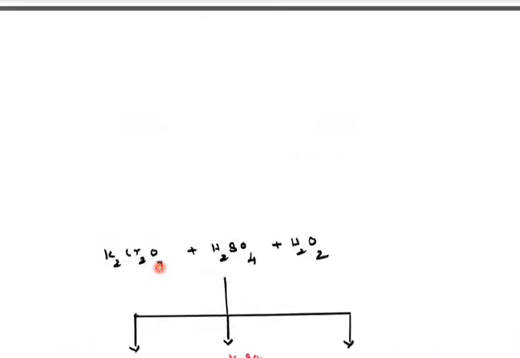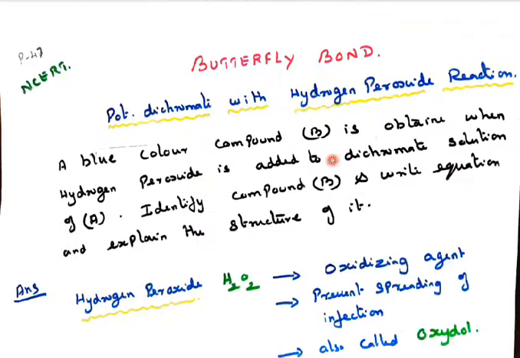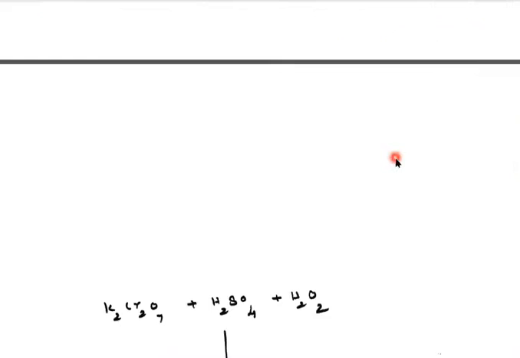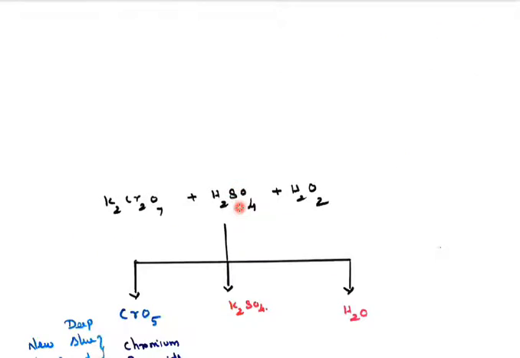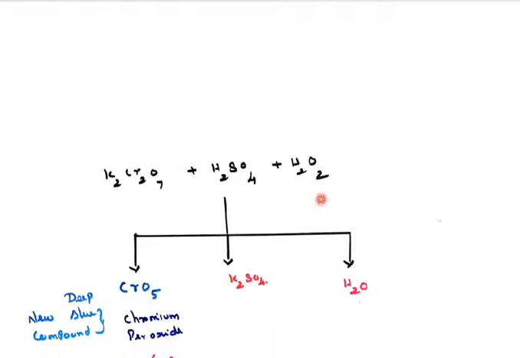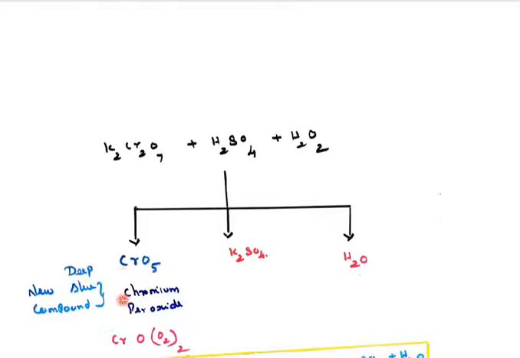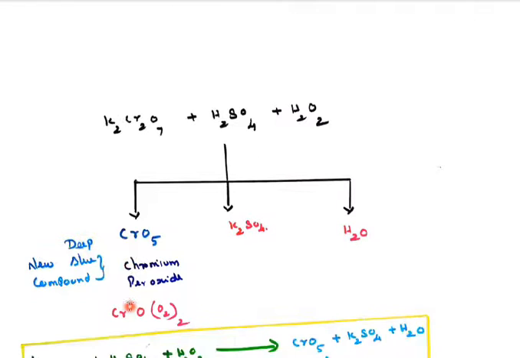This is called B. So a blue color compound B is obtained when hydrogen peroxide is reacted with the dichromate solution in the presence of sulfuric acid. It forms a blue color solution of B, called chromium peroxide.